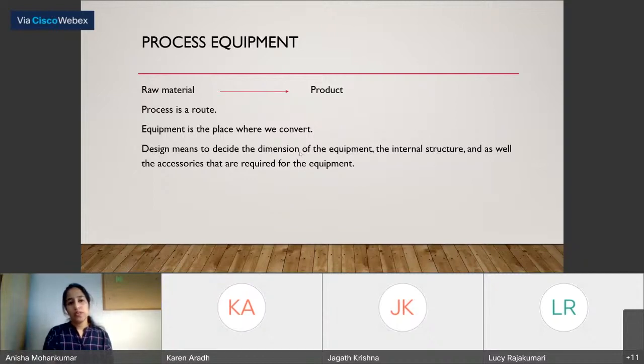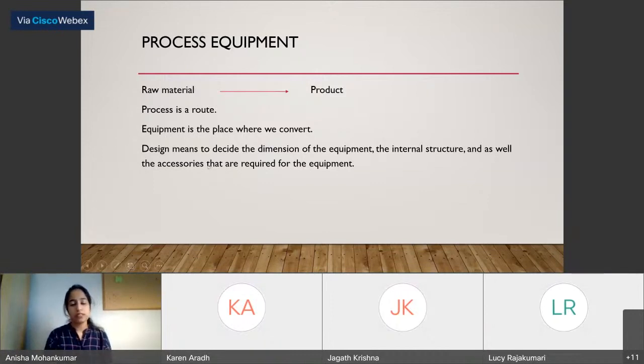I told you that chemical engineering is where raw material is converted to product. In between, the process is what a chemical engineer does. A process is a route through which a raw material is converted to product, and the equipment, reactor, or any kind of vessel is the place where we convert that raw material to product.